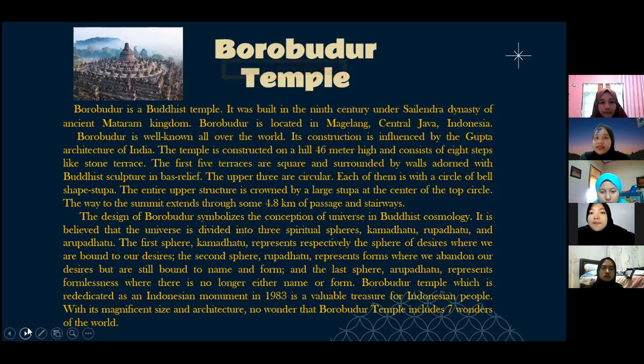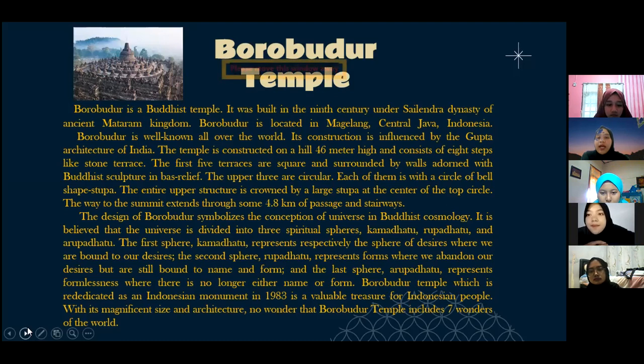So what else information can you get from the second paragraph? The second paragraph also tells about the construction of the temple, Miss. Yes. Like the meters and then the steps of its stone. Good.